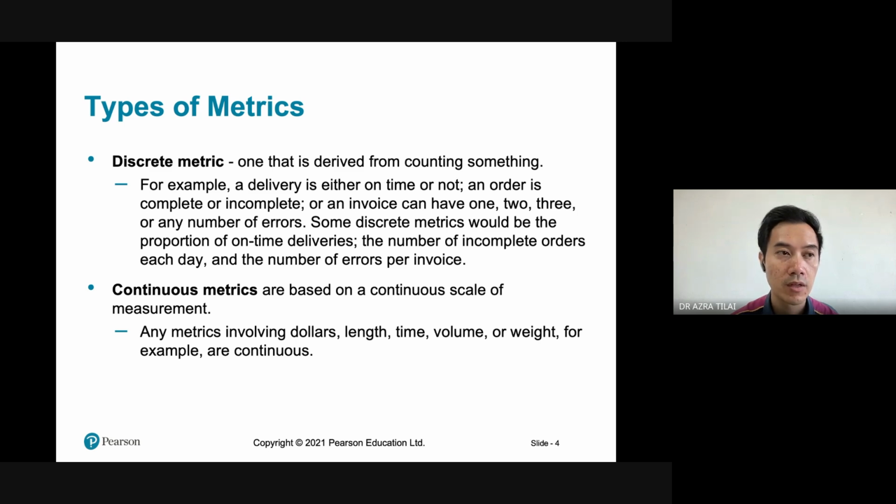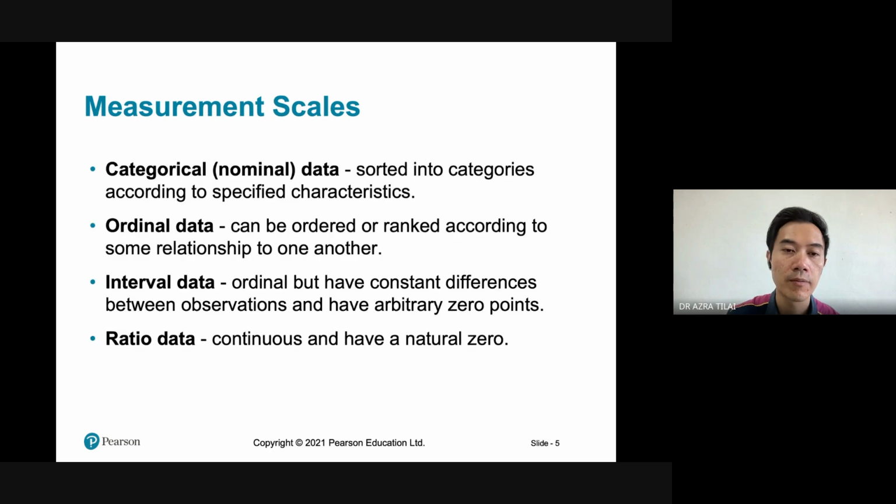We do not have 13 a.m., 14 a.m., although you can change it to that. But continuous are something like dollars. We have a maybe infinite amount of length, volume, and so forth.